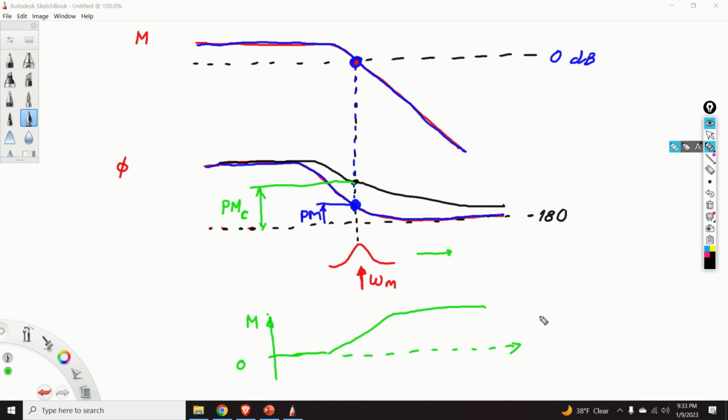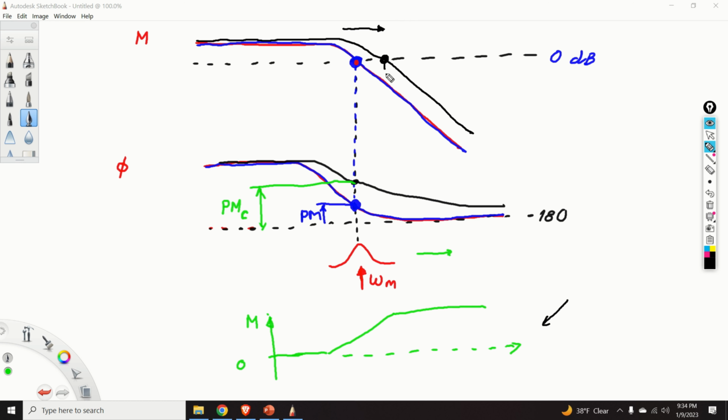Since the phase lead compensator has a positive magnitude, this means that the magnitude of the compensated system will increase in this region over here, and the magnitude of the compensated system will have this shape. That is, the gain crossover frequency will be shifted to the right.